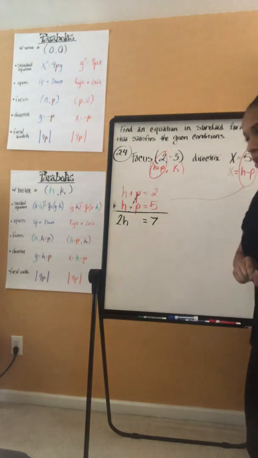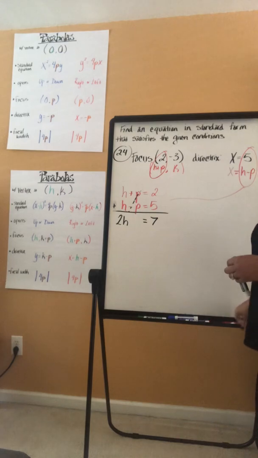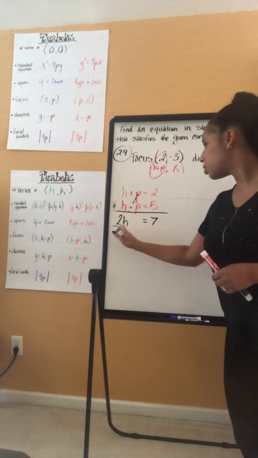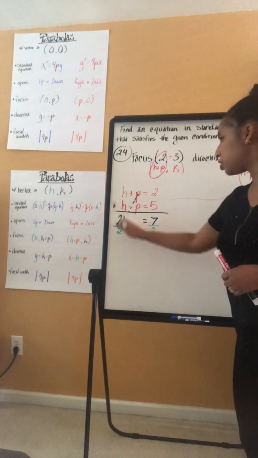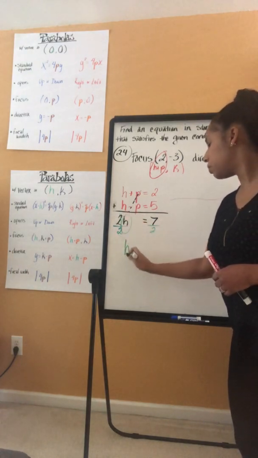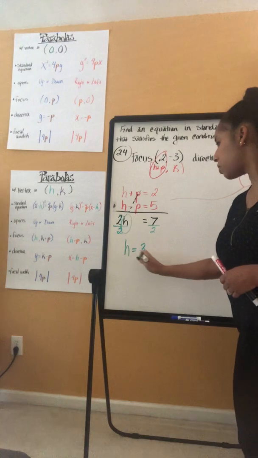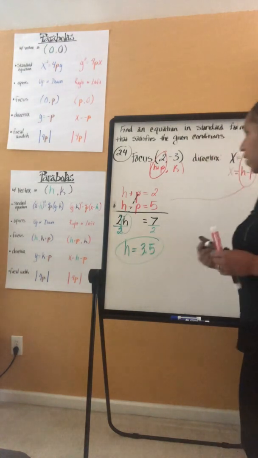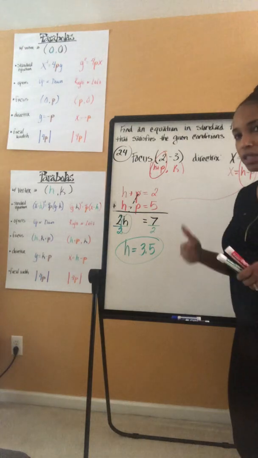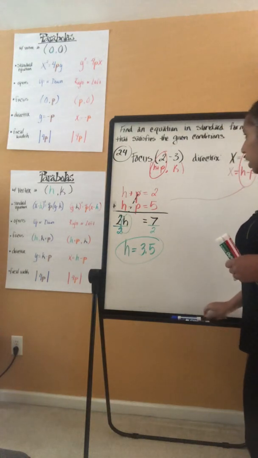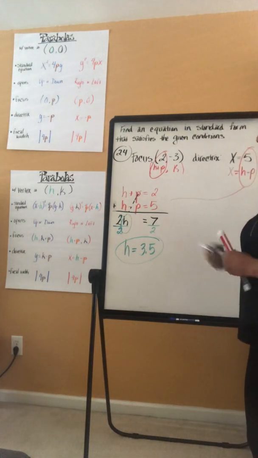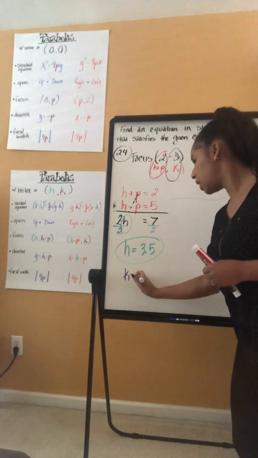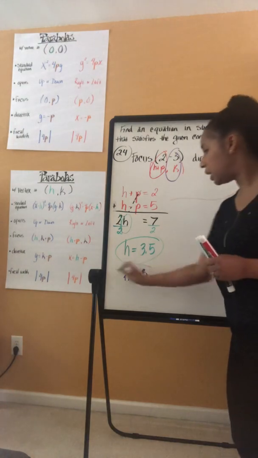So 2H equals 7. If I divide both sides by 2, because I'm solving for H, H equals 7 divided by 2, which is 3.5. So my H is 3.5. The three things I need are H, K, and P. I know that K is negative 3, and I need to find P.